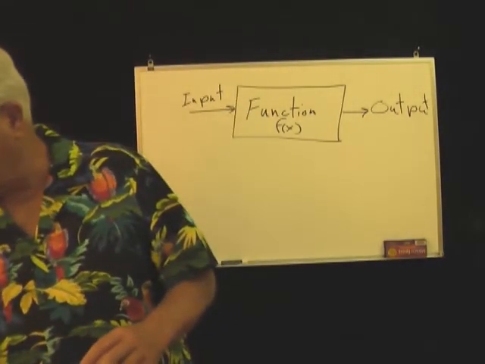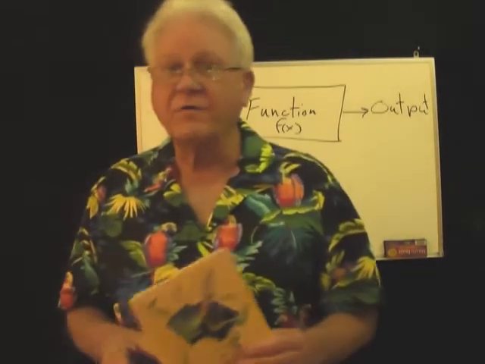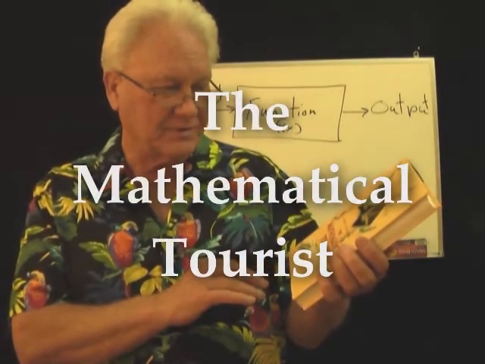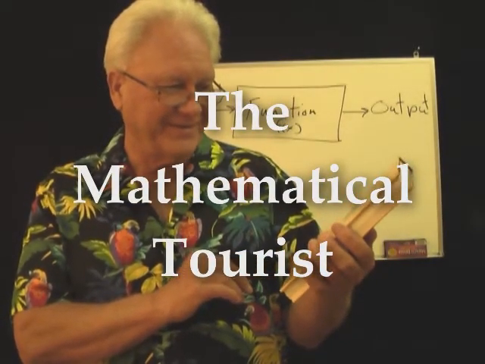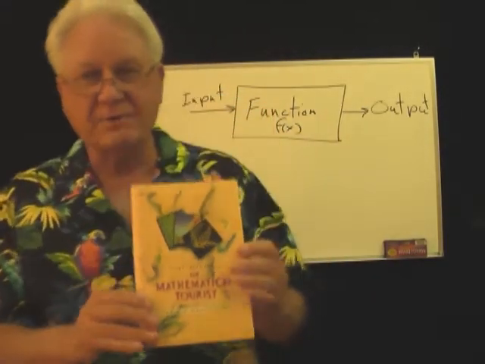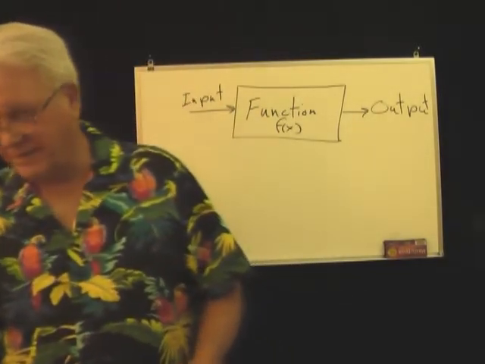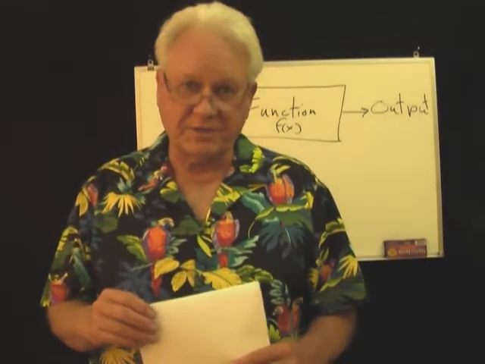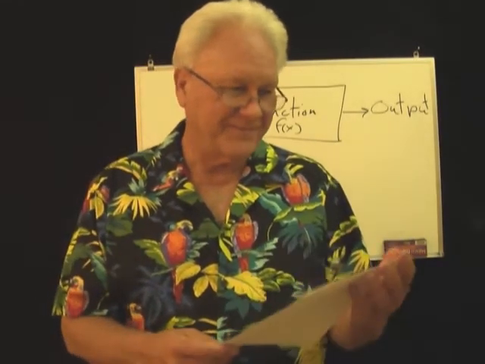And a third one, I have all three of these in the bibliography at the bottom of the page here. This one is called The Mathematical Tourist: Snapshots of Modern Mathematics. Again, it's a fun book. It's a layman's book. It's a hobbyist book. You don't have to be a PhD to understand that.